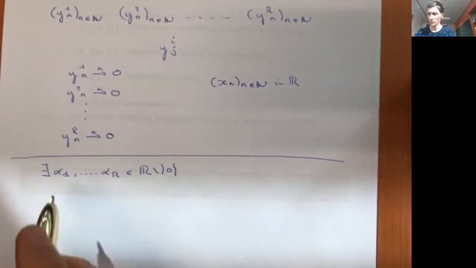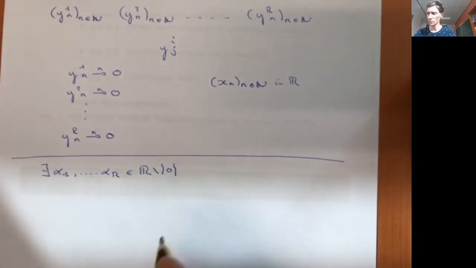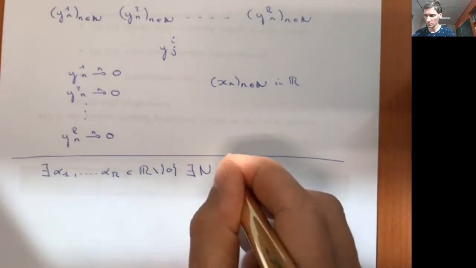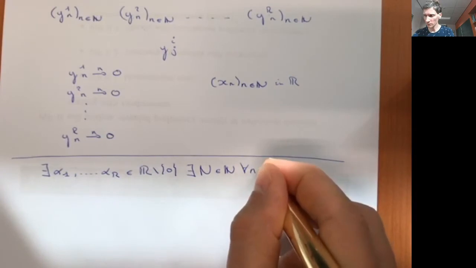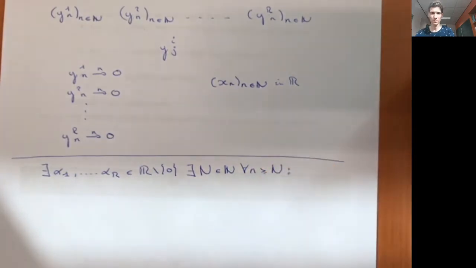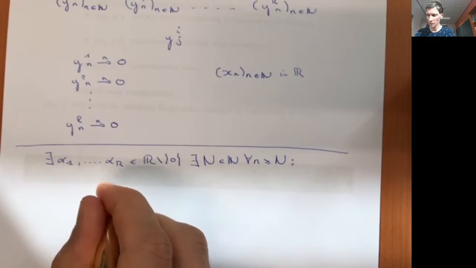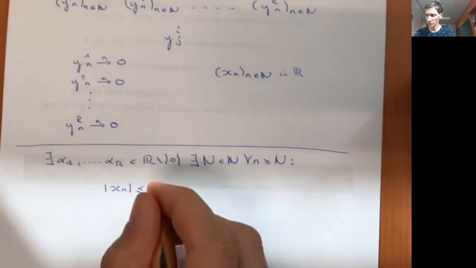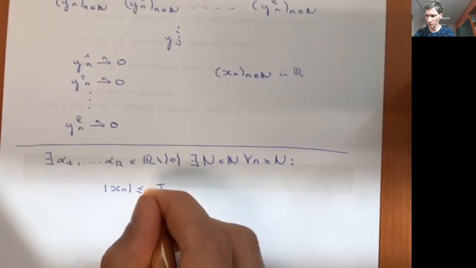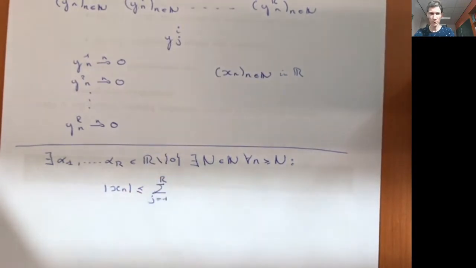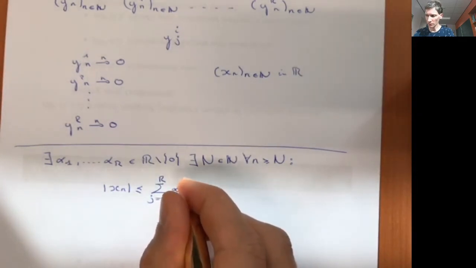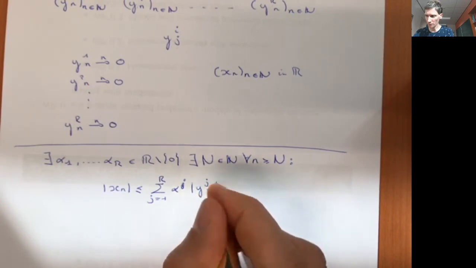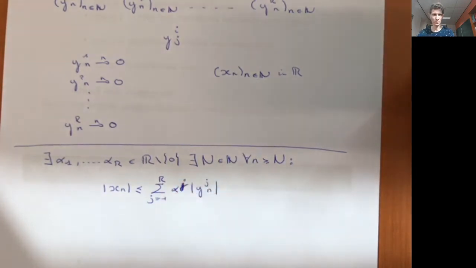So we have r numbers different from 0, and you also have a big number N, such that for all n greater or equal to this big N, the following is satisfied, namely that the absolute value of xn is lower or equal to some expression, and this expression is a sum from j equals 1 to big R of alpha j times the absolute value of yj n.